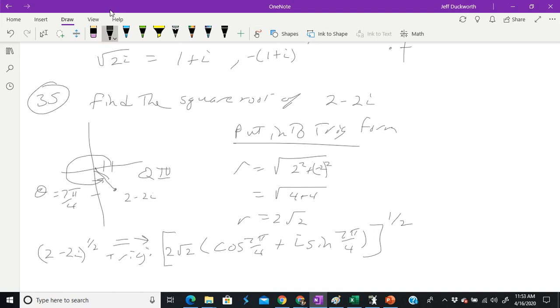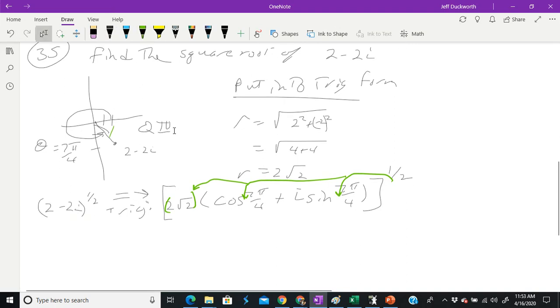All right, so now we do the same thing. We take our r and raise it to the 1/2 power. And with the insides, we're going to drop the 1/2 in. So this is what's happening. 1/2 multiplies here by the 7 pi by 4, multiplies here as well. And it's going to be our exponent for this whole thing. Let me change that back to the 8.